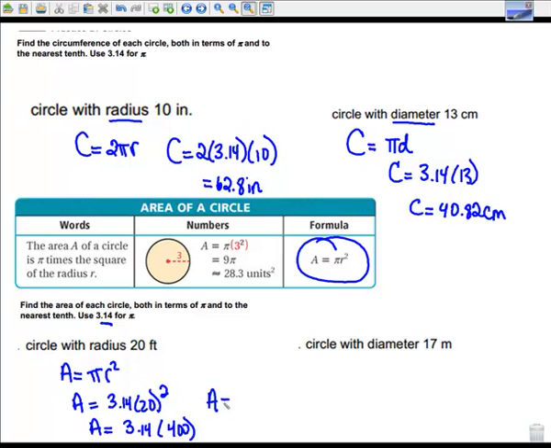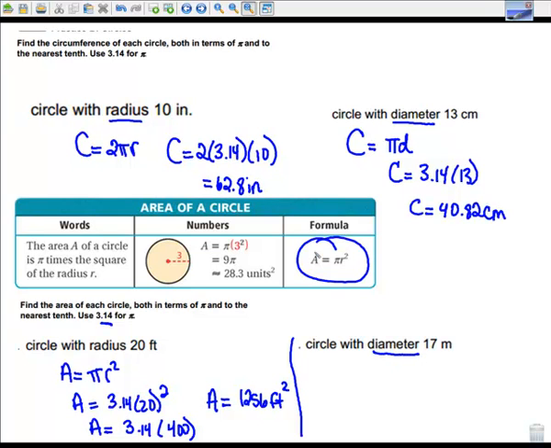So my area here is 1,256 feet squared. Very important that you follow order of operations because you'd get a completely different answer if you multiplied and then squared.